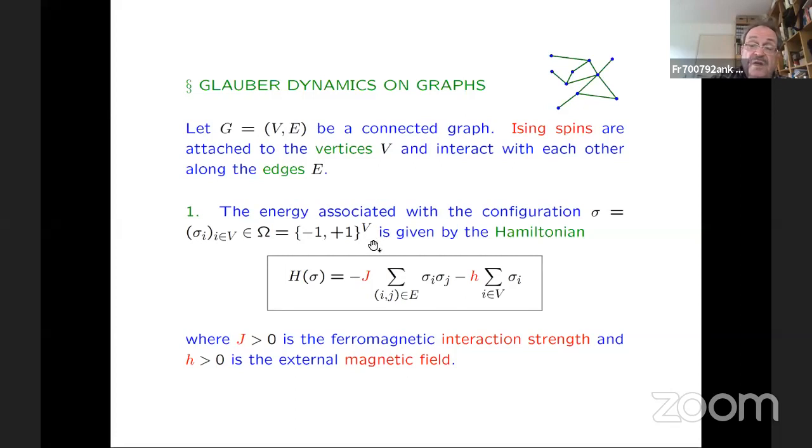So we need to assign to every spin configuration an energy, and we're going to use the standard Ising Hamiltonian, which consists of an interaction part where you take two Ising spins and they interact with a ferromagnetic interaction strength J, which is strictly positive, a parameter we can play with, and the interaction is only present along the edges in the graph.